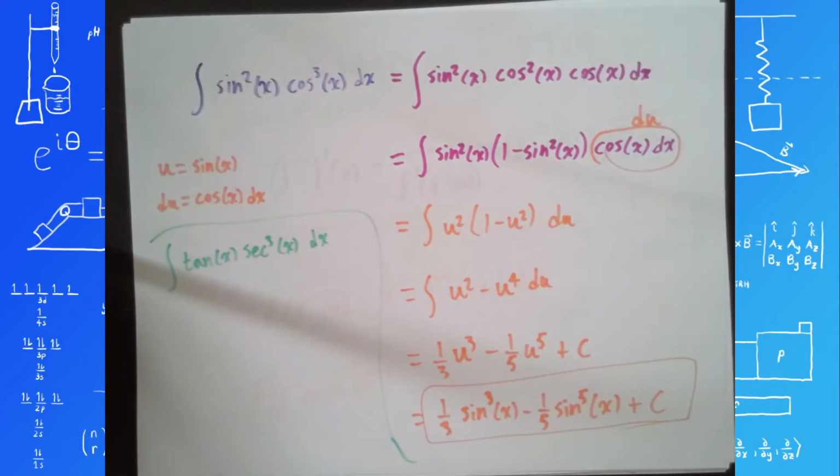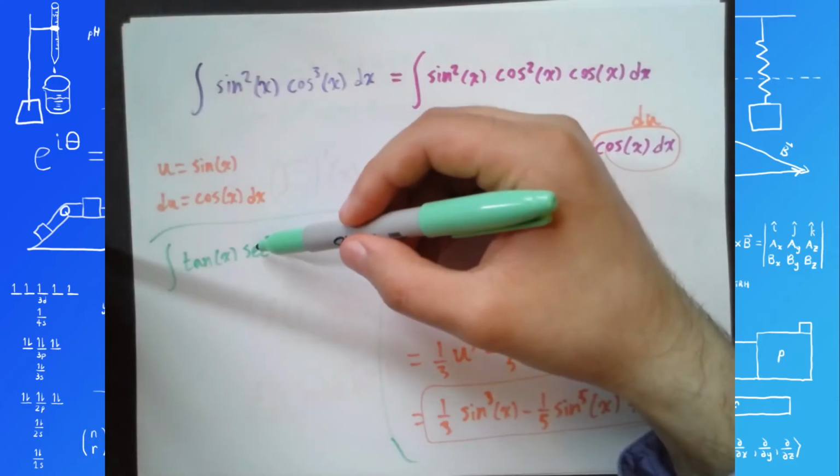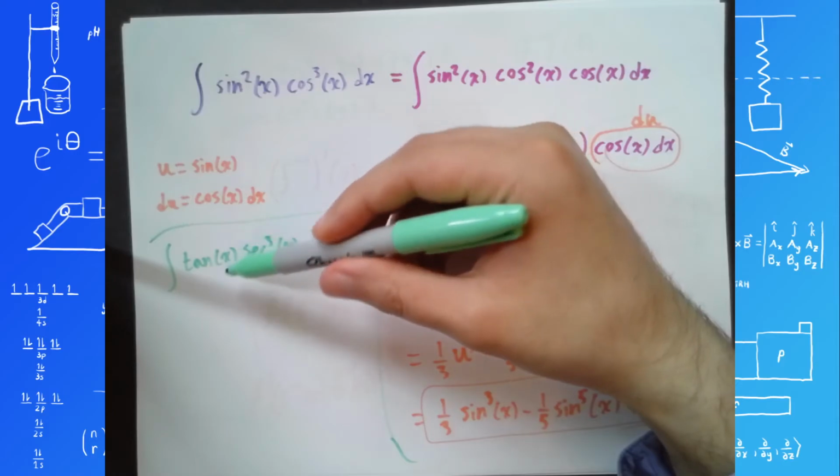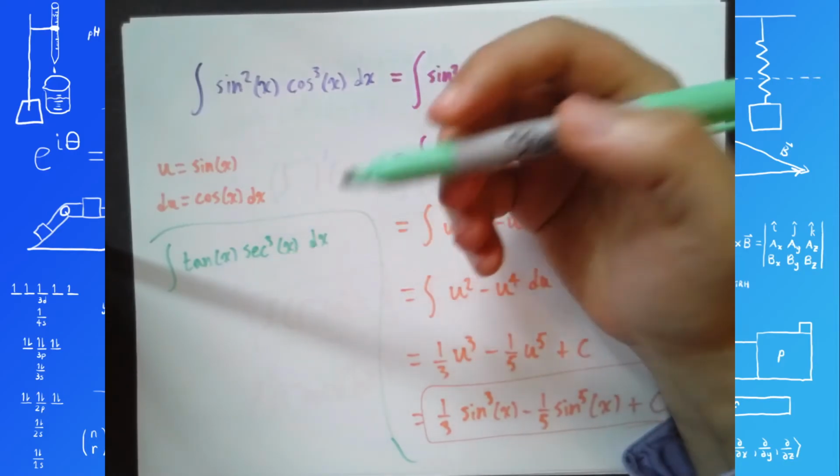Then I would have the derivative of tangent, that's secant squared, but do I want to u substitute tangent, or would I rather u substitute secant? Yeah, I think that would actually be the better strategy.